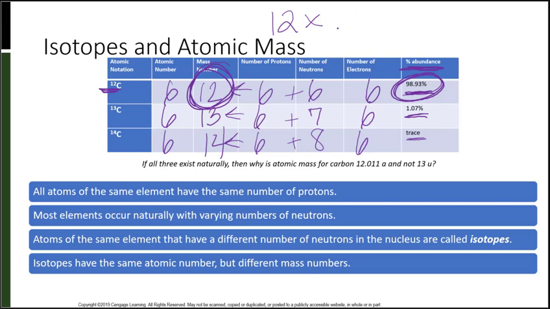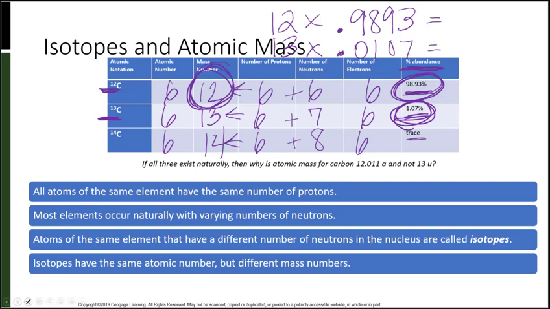So I need to make that a decimal, 0.9893. Then I take my next isotope, that mass, which is 13, and multiply it by its percentage. I need to move that decimal back 2 spots, so it'd be 0.0107. Let's pause for a second and figure out what those two answers are.